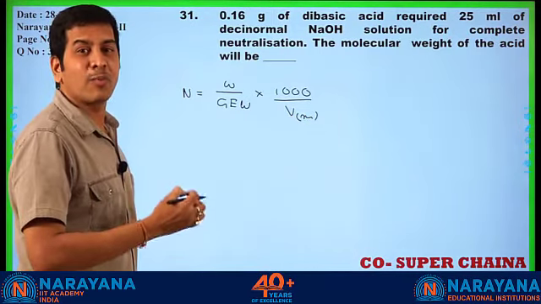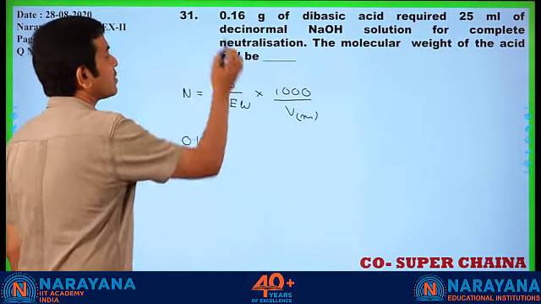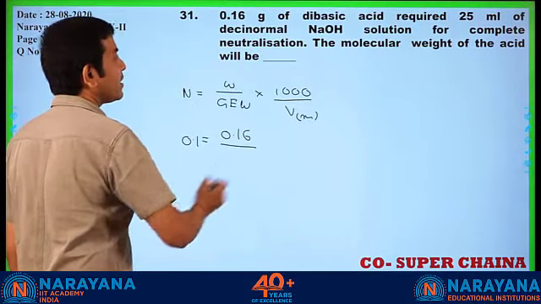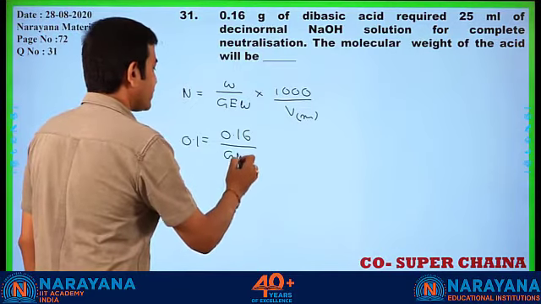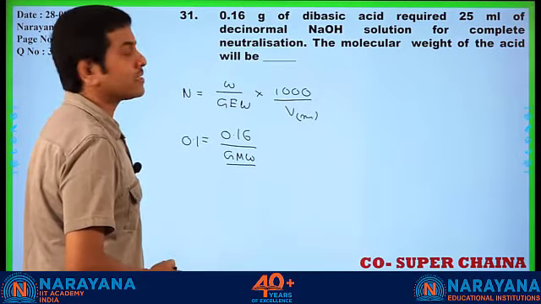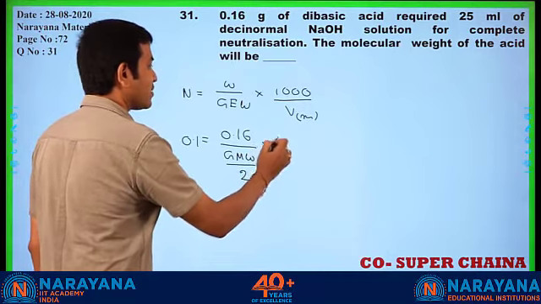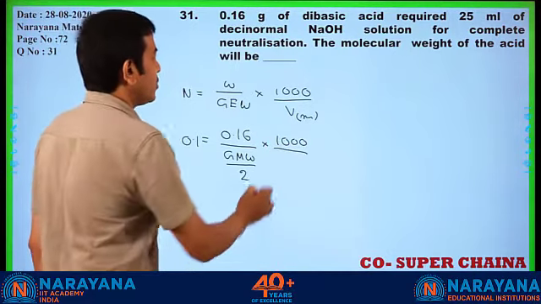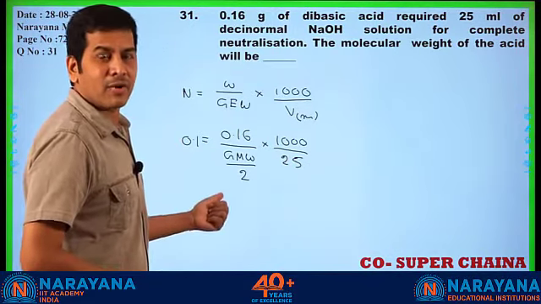Decinormal means 0.1 normal. So 0.1 is equal to 0.16 grams divided by gram equivalent weight, which is gram molecular weight divided by basicity. Dibasic acid means basicity is 2, into 1000 divided by volume, which is 25 ml.